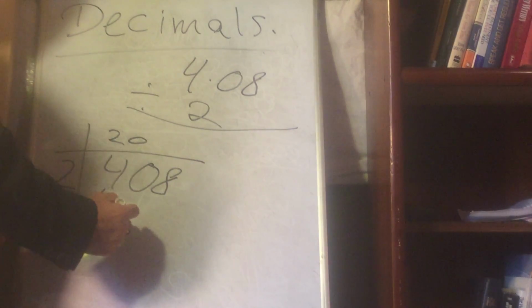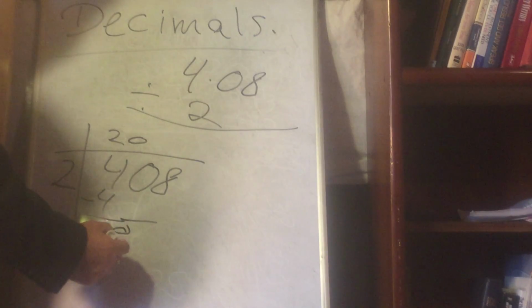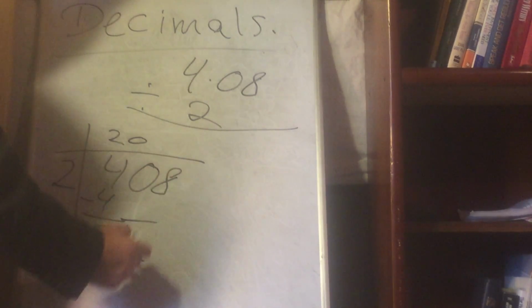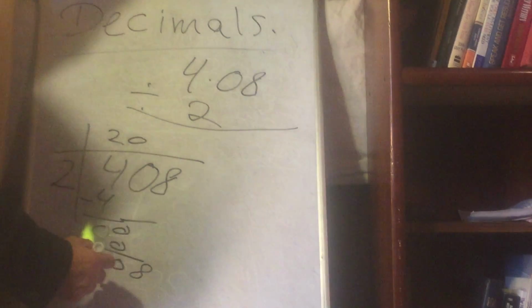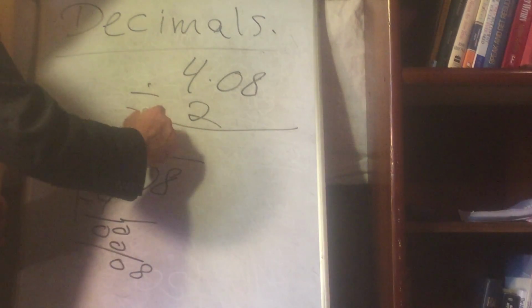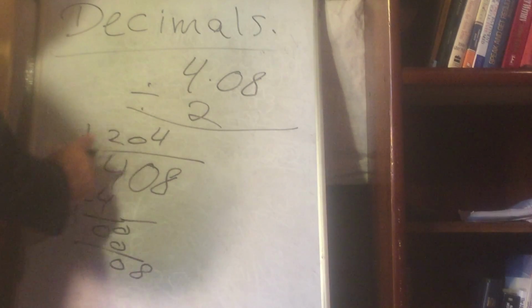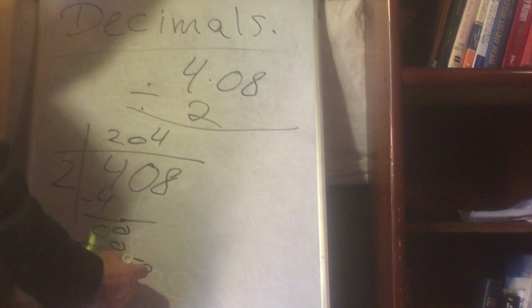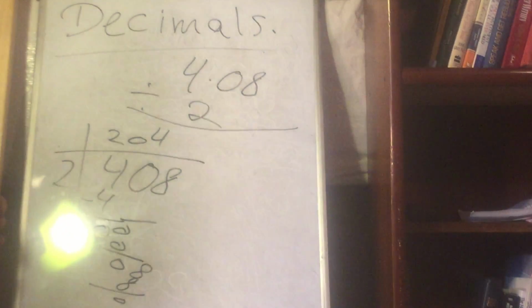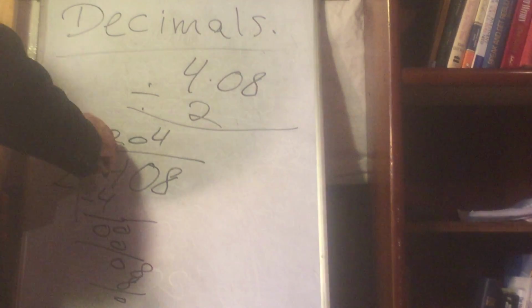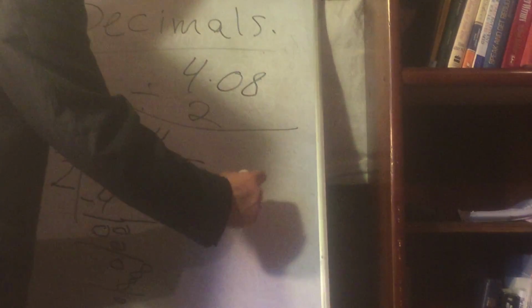So 0 times 2 is 0. And then we still have 8 over here. 8 divided by 2 is 4. So 4 times 2 is 8. And the remainder is 0. So this is the answer, 204.